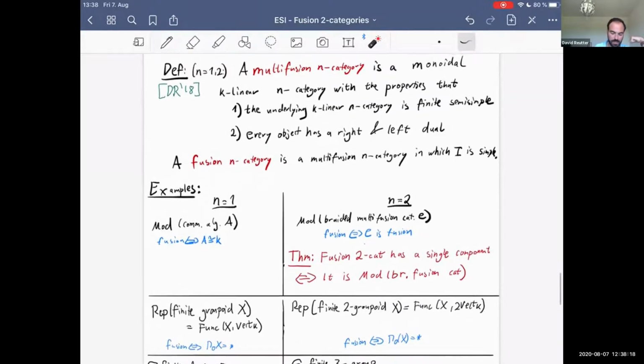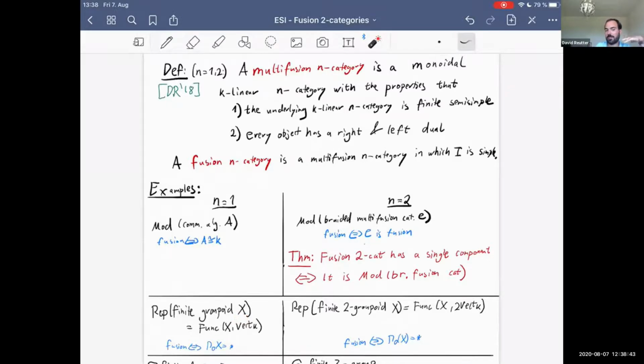Other examples to look at are now representation categories and G-graded vector space categories, essentially. So let's do them in order. If I have a finite 1-groupoid X, I can look at the representations of this finite 1-groupoid. In other words, this is functors from this 1-groupoid into the category of vector spaces. And this category is a fusion category if and only if this finite 1-groupoid actually just has a single object. So if pi_0 of X is a point, so if X is really just the delooping of some group.